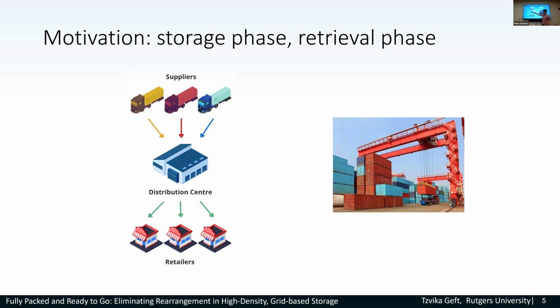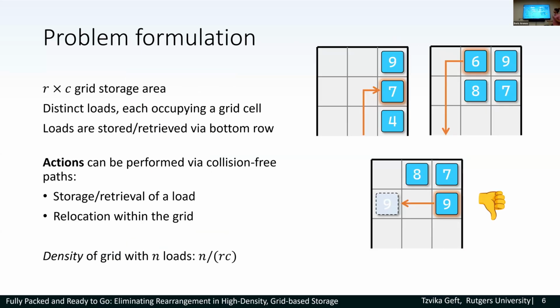You can think of a distribution center where suppliers have to first stock a distribution center, and then some other trucks come and pick up loads to retailers. This happens in Amazon's supply chain, for example. So the point is you have some temporary storage area. Things are coming in and then they have to be retrieved. And you want to be as efficient as possible in terms of your space usage and the time taken to retrieve things. So let's look at our problem formulation.